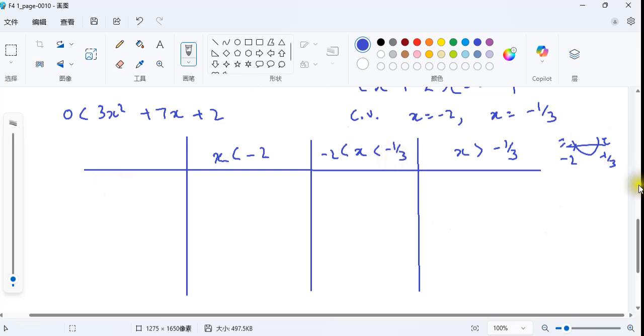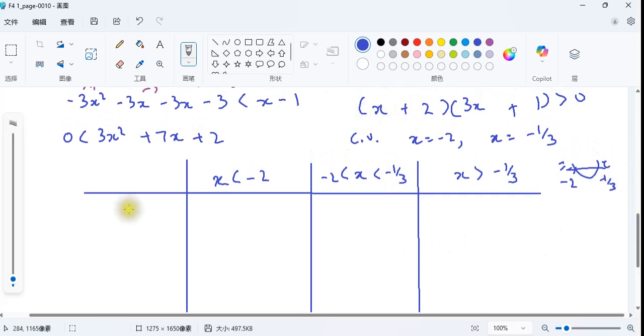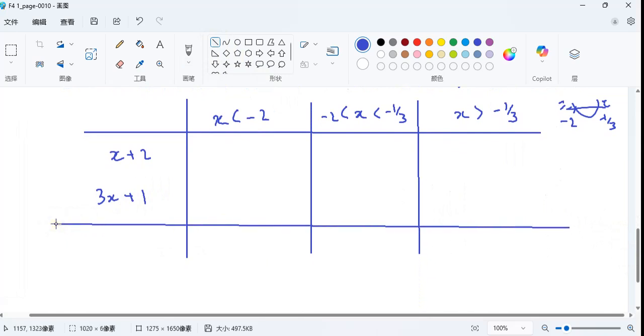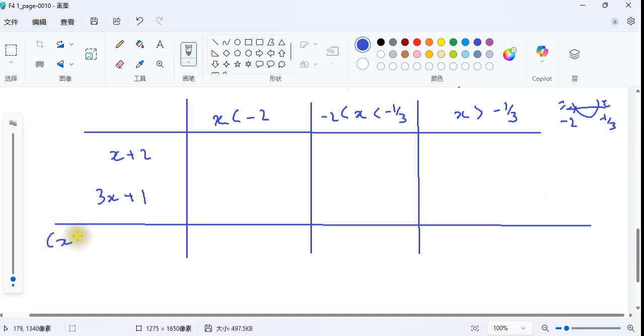And we will have x plus 2 and 3x plus 1. And then we have the multiplication of x plus 2 times 3x plus 1.